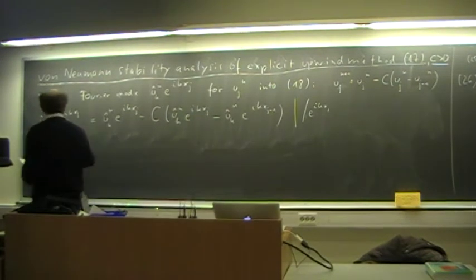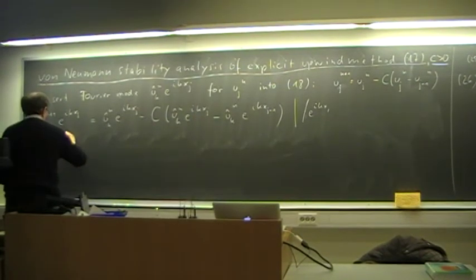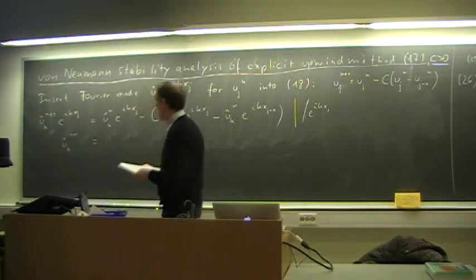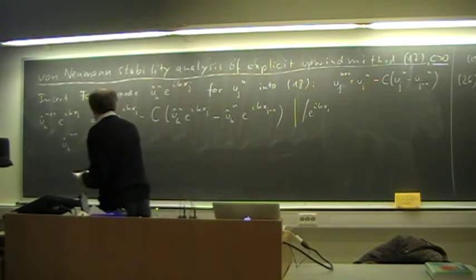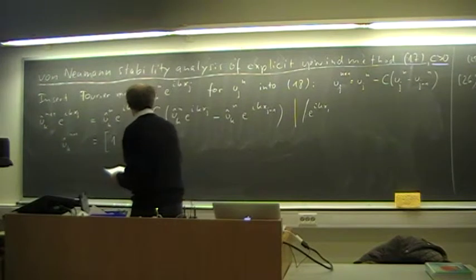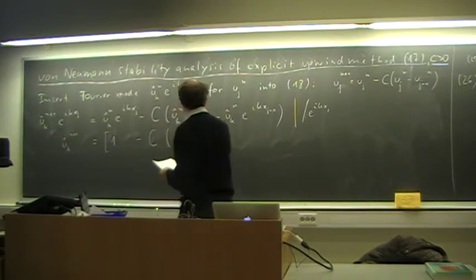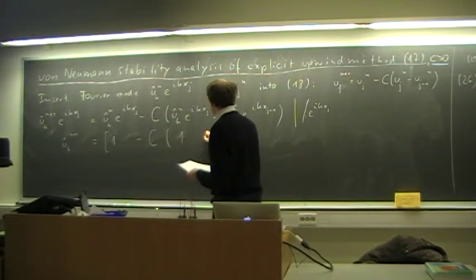And we get u k at n plus 1 is equal to, and here we factorize the u k at n. So then we get a 1 from there. We get the Courant number. Here we get also a 1. We have divided by that.